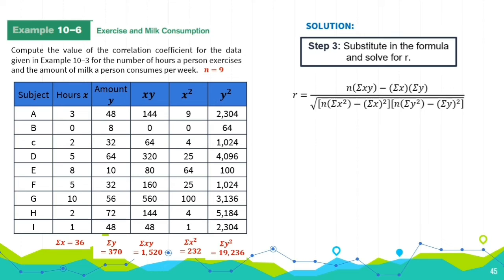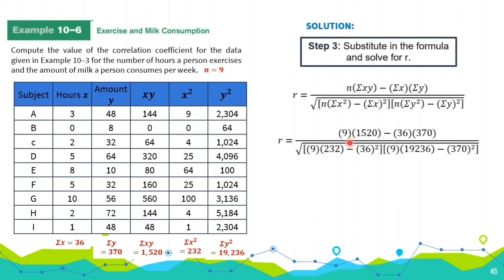Using the formula for the correlation coefficient r, we have 9 multiplied by 1,520 minus 36 multiplied by 370, divided by the square root of 9 times 232 minus 36 squared, multiplied by 9 times 19,236 minus 370 squared.